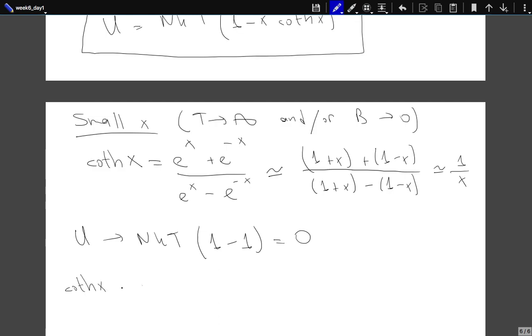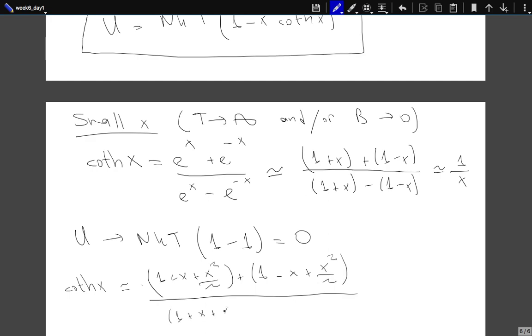So cotangent hyperbolic x is 1 plus x squared over 2 plus 1 minus x plus x squared over 2, divided by 1 plus x squared over 2 minus 1 minus x plus x squared over 2.